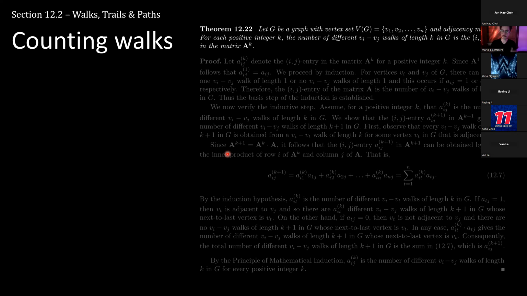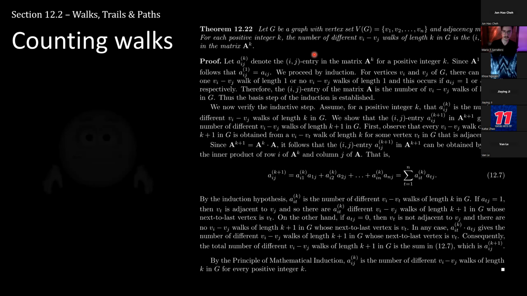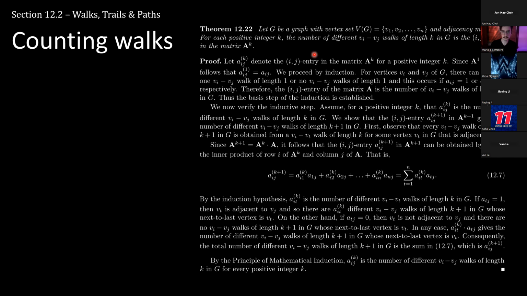What this theorem says is that if you have a graph G with a vertex set V of G and an adjacency matrix A, then for each positive integer K, the number of different vi to vj walks of length K in G is the ij entry in the matrix A to the power of K. That's a mouthful, and if you're not used to matrices, this might not be apparent immediately. So I'm going to go through an example.